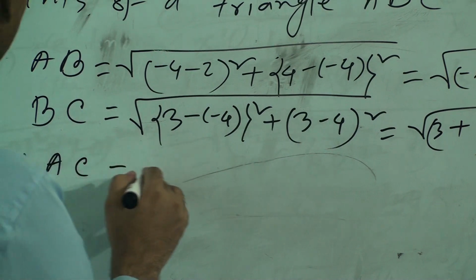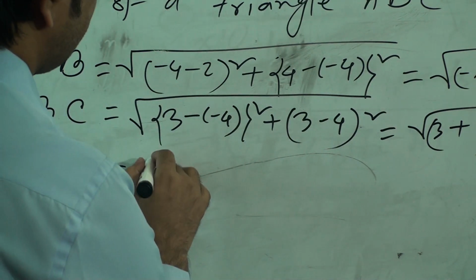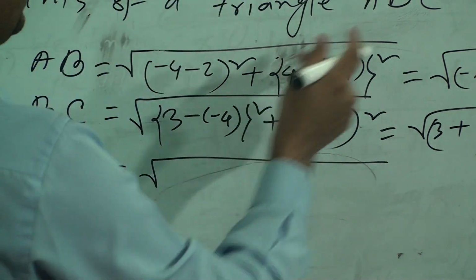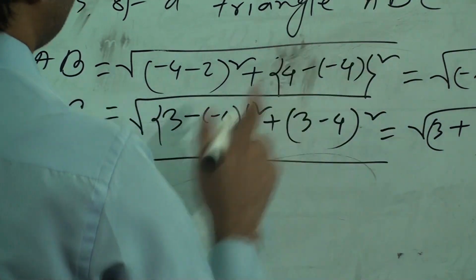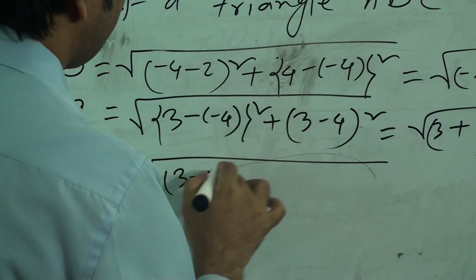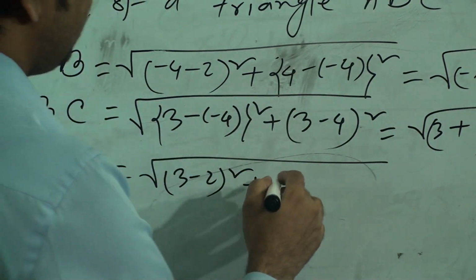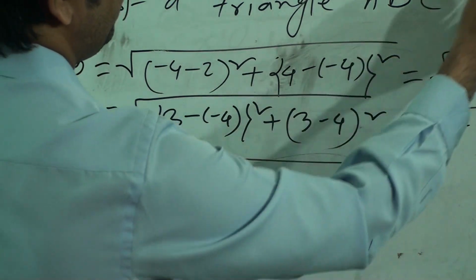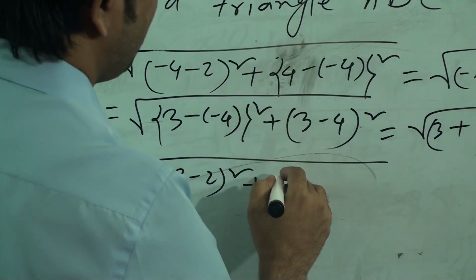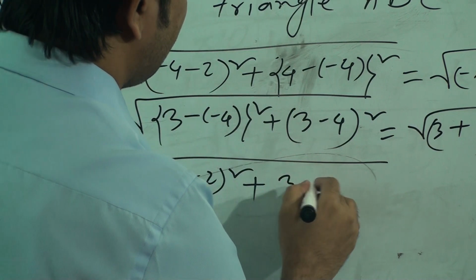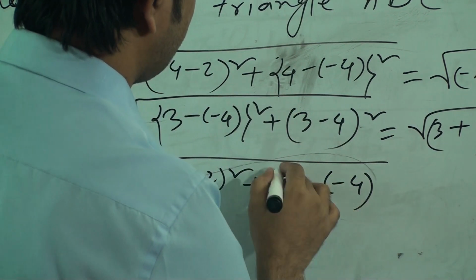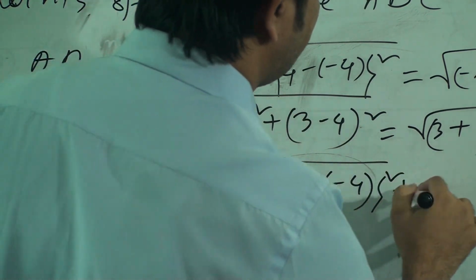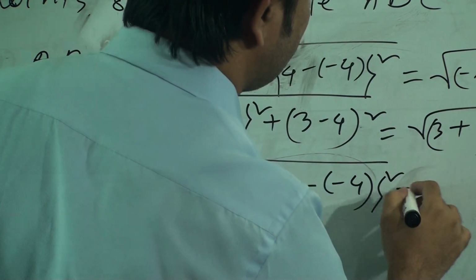Now we need to determine AC. So AC equals square root of (3 minus 2) whole square plus (3 minus (-4)) whole square, that is (x2 minus x1) whole square plus (y2 minus y1) whole square.